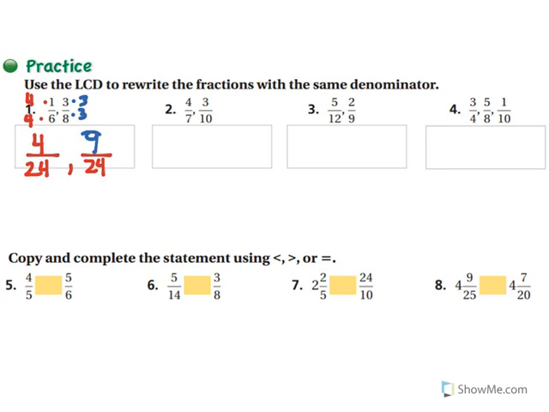Now with 7 and 10, since 7 is a prime number, I can just multiply 7 by 10 to get 70. So 70 is going to have to be our common denominator. That's the smallest one they have in common. So I'm going to multiply both of these by 7.